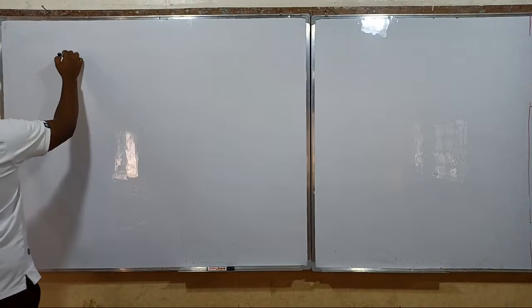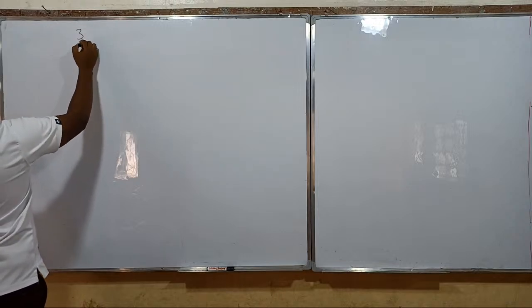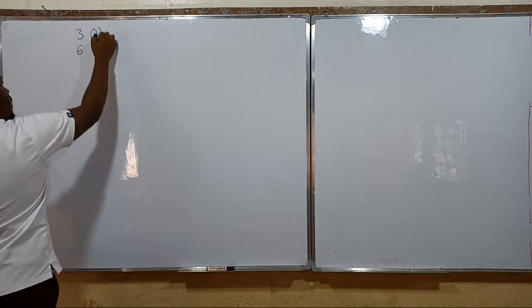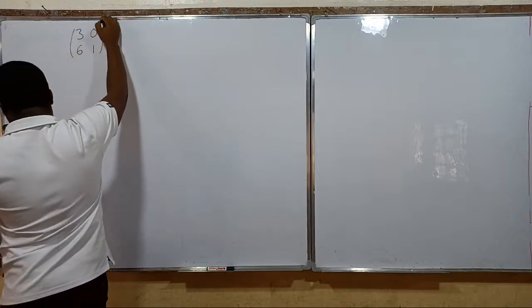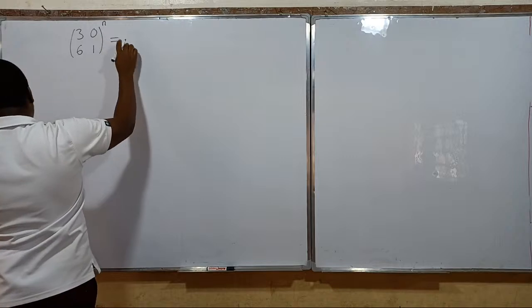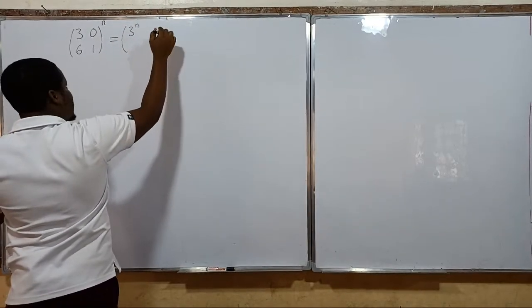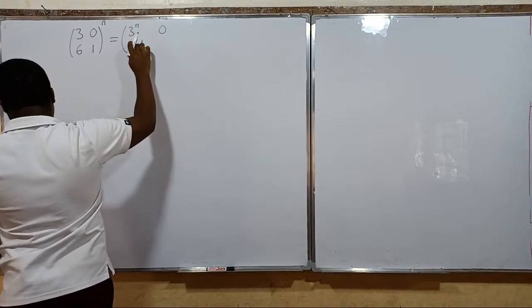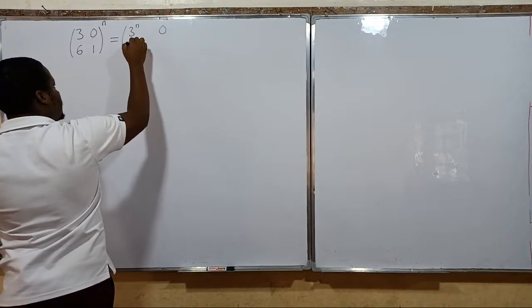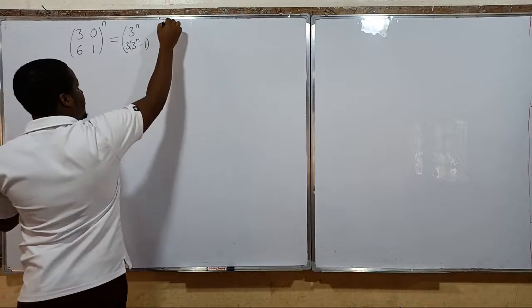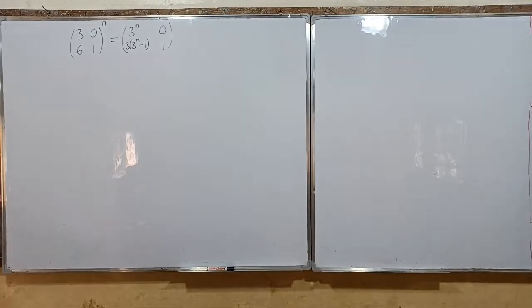So this is how it looks. It has 3, here we have a 6, here we have a 0, here we have a 1, raised to the power n. This is equal to 3 to the power n, here there's a 0. What is here? 3, like this, then there's a 1. This is what we have, right?